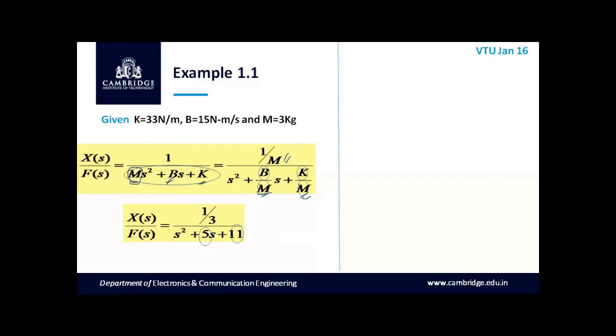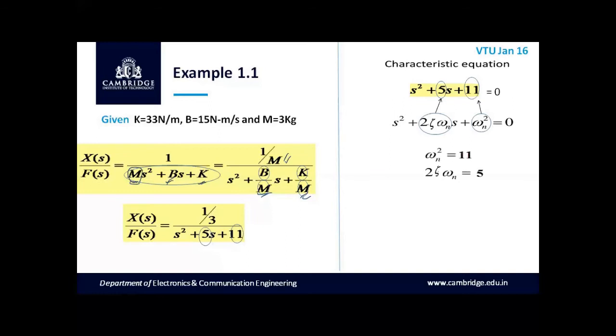Now we have to relate the denominator term with the standard characteristic equation, which is given by s square plus 2 zeta omega n s plus omega n square, which is equal to 0. So once we compare, 2 zeta omega n is equal to 5 and omega n square is equal to 11. So omega n will be square root of 11, which is nothing but 3.3166 radian per second.